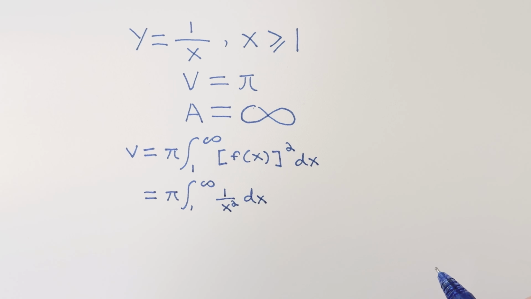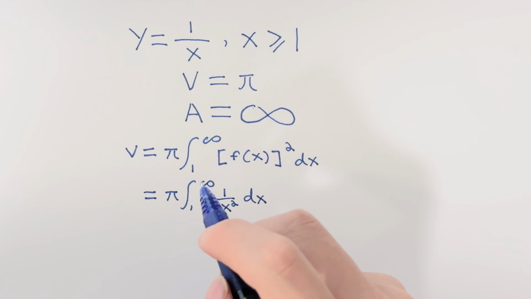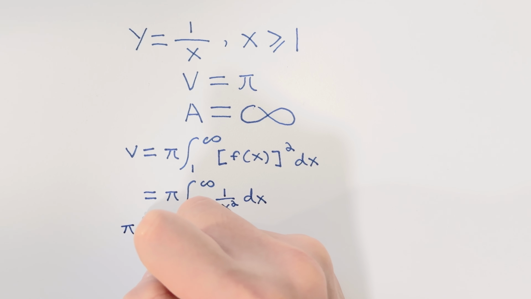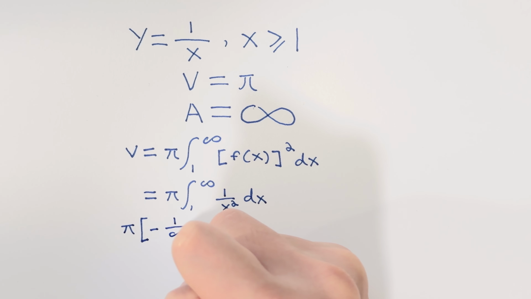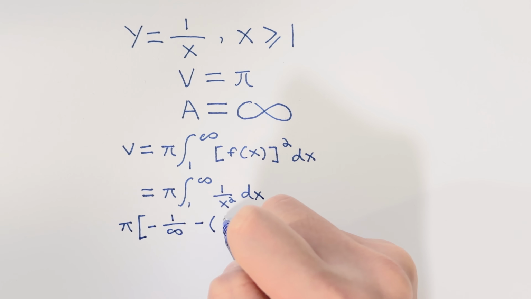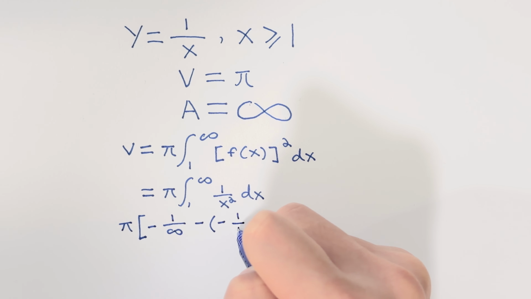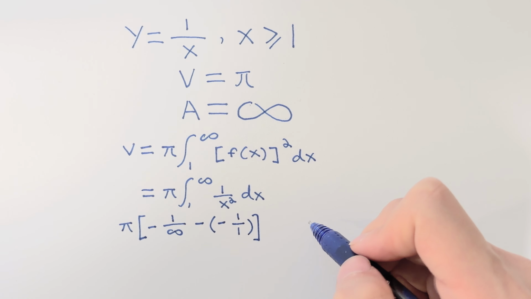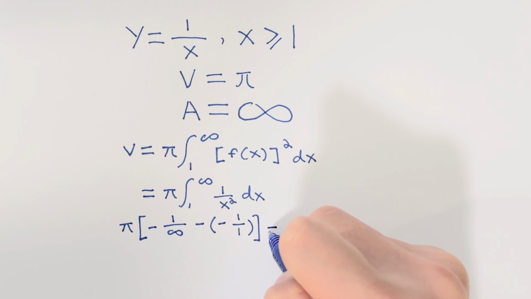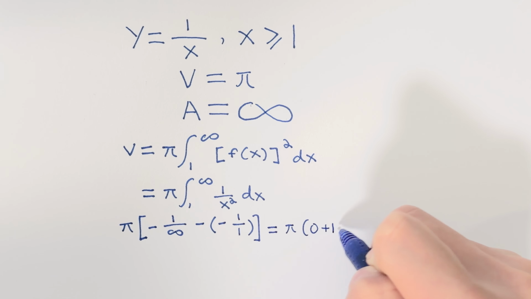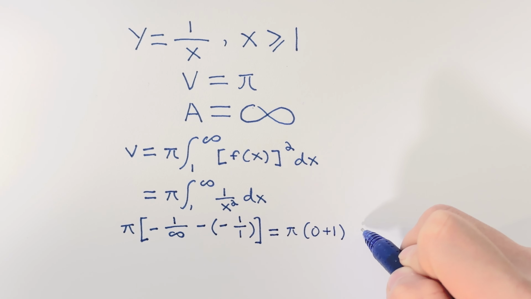Evaluating this from 1 to infinity, we'll have pi times (negative 1 over infinity minus negative 1 over 1). This will equal pi times (0 plus 1), which will equal pi.